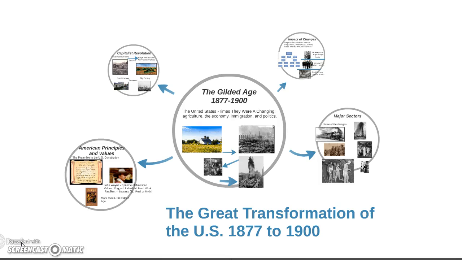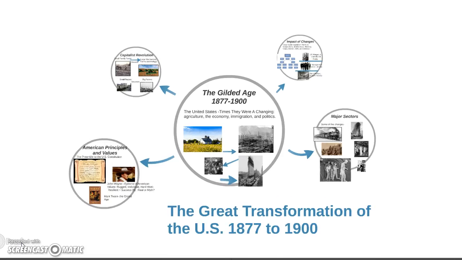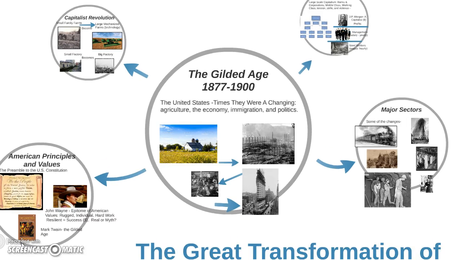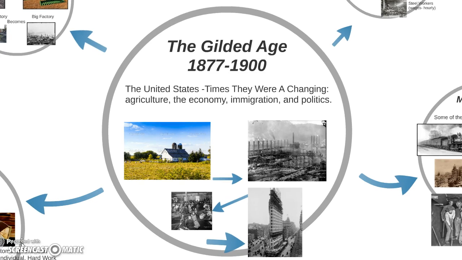So, the Great Transformation, 1877 to 1900, and what we're really going to look at is this thing called the Gilded Age. What you see up there are several images, and I like to use those images as a reminder, as an anchor.